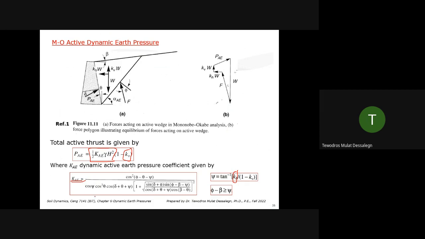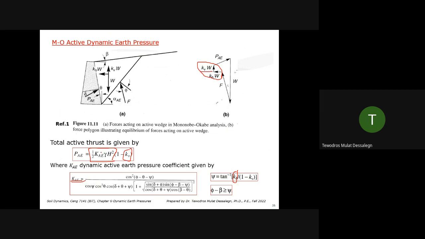Otherwise, the nature of the equation is that if you put KH and KV as 0, it should provide the static values of the Coulomb theory. Now in the force geometry you also see it. The seismic forces are included: the horizontal seismic force, KH W, and the vertical seismic force, KV W.